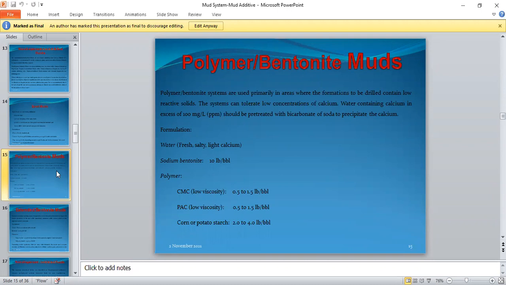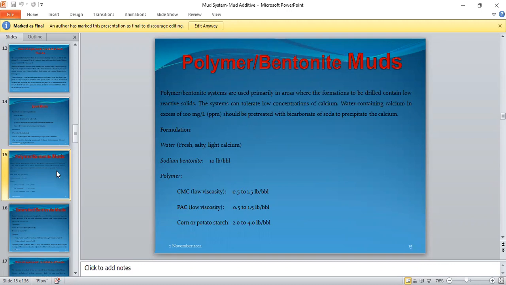You can use it to treat your mud or water that contains calcium. If the water you want to use in preparing the mud contains calcium hardness up to 100 milligram per liter or ppm, you can treat it so that your bentonite can work well.